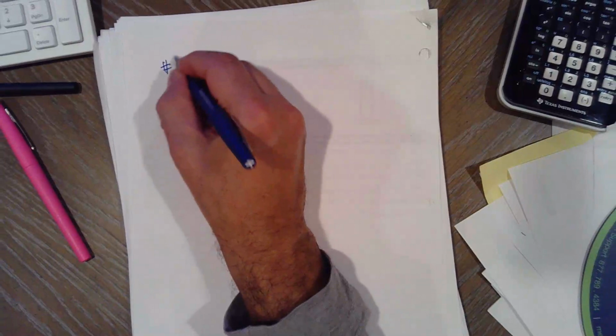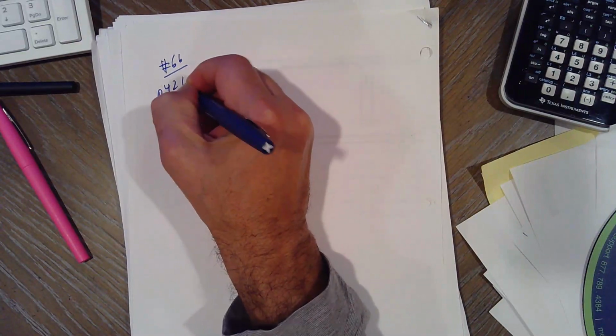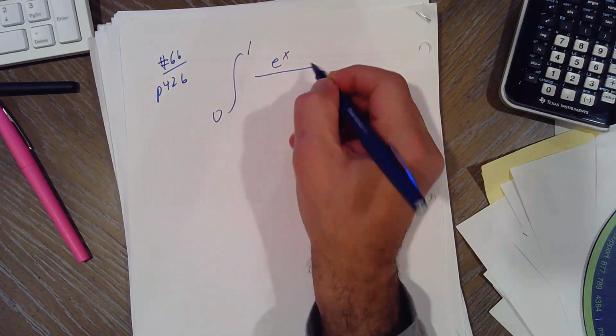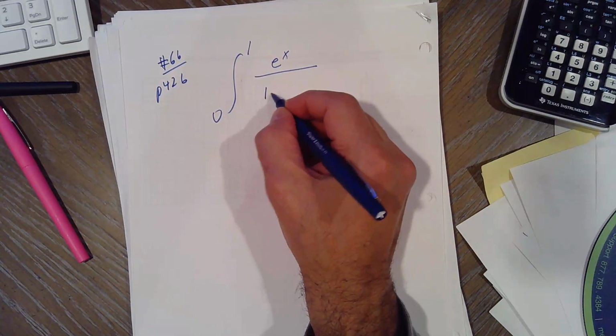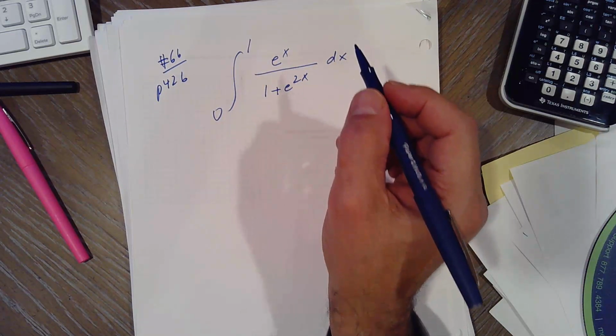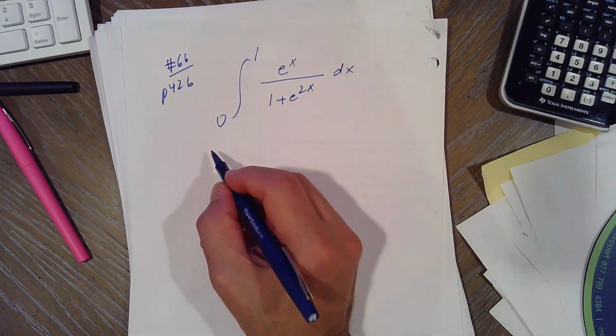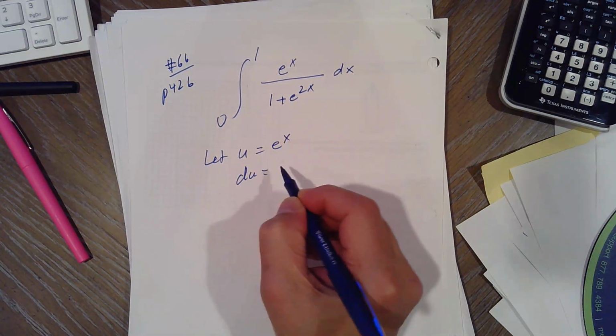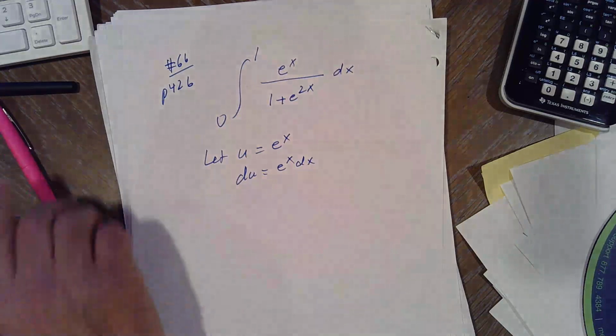Number 66, page 426. So the definite integral from 0 to 1 of e to the x over 1 plus e to the 2x dx. So if we let u equal e to the x, then du is e to the x dx.